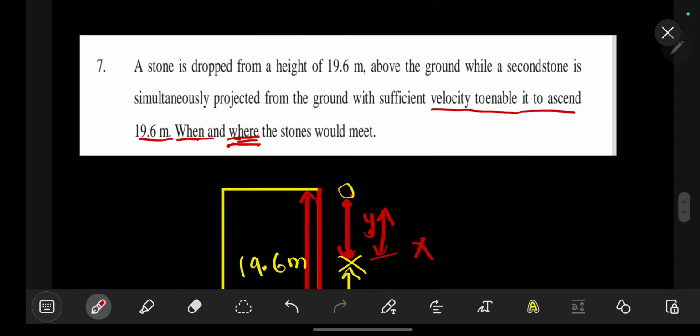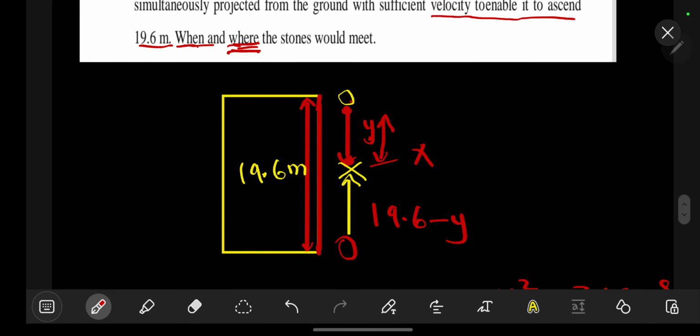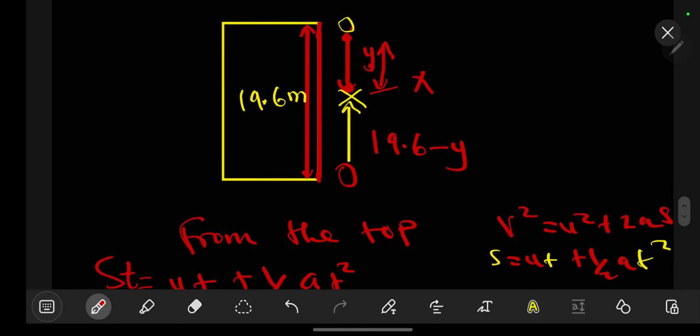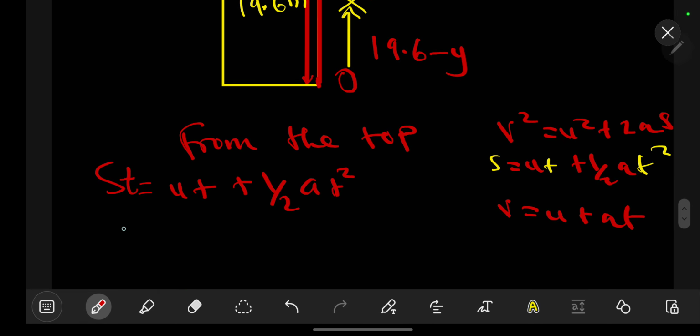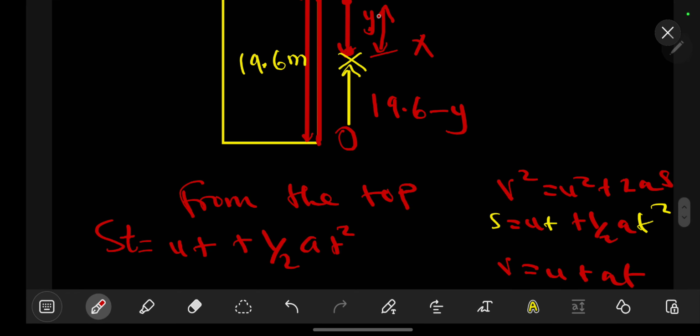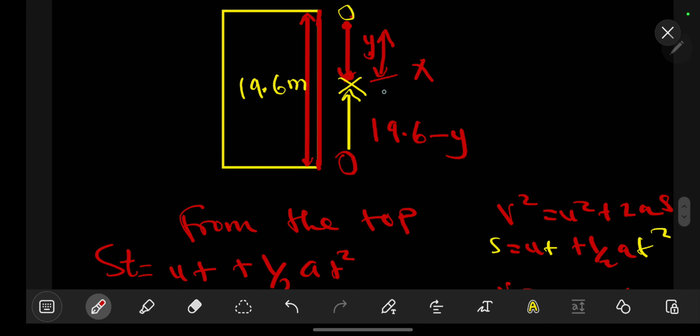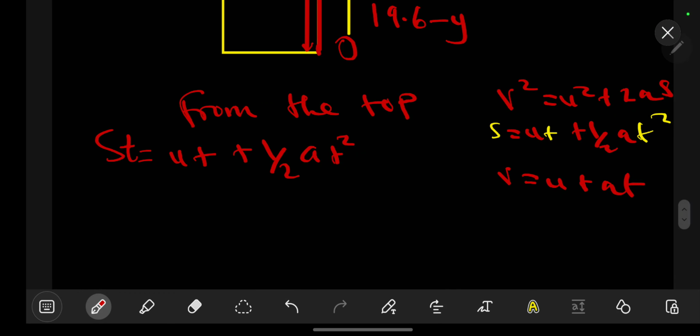Now remember, when they just tell you that a stone is dropped without any further information, you are going to assume that the initial velocity is equal to 0. So the displacement it will move is Y, from the top to where they will collide. So Y should be equal to our initial velocity from the top, which is just 0.